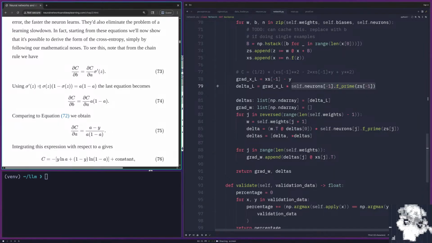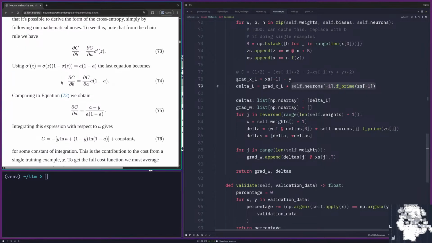Using sigmoid prime of z equals sigmoid of z times 1 minus sigmoid of z equals a times a minus 1, the last equation becomes derivative of c with respect to b equals derivative of c with respect to a times 1 minus a.